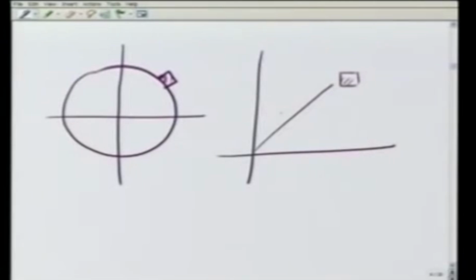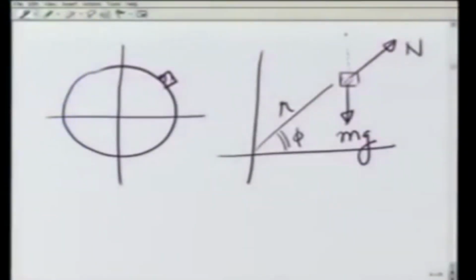So at this position, it is at distance r at an angle phi. This is the force mg acting this way. This is the normal reaction acting this way. Since this is phi, this angle is also phi.